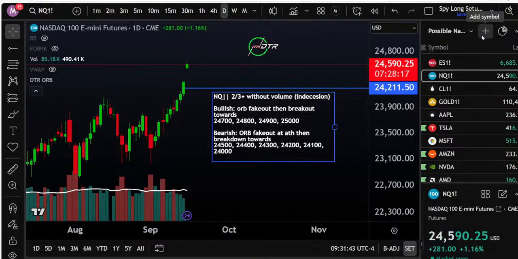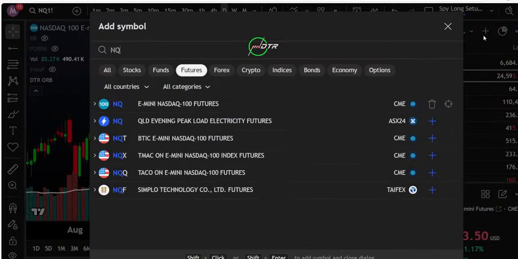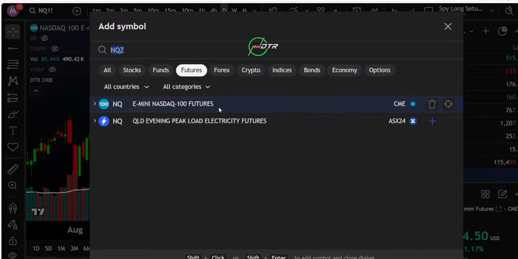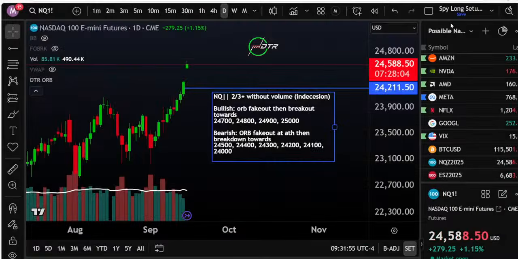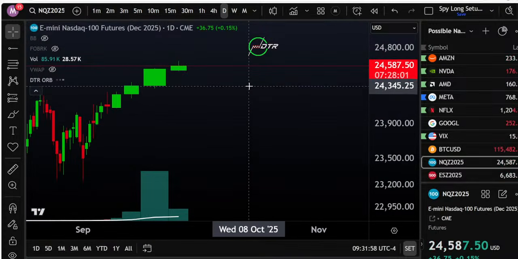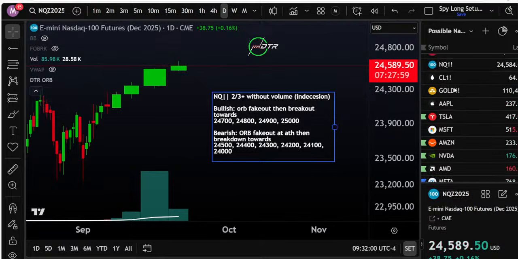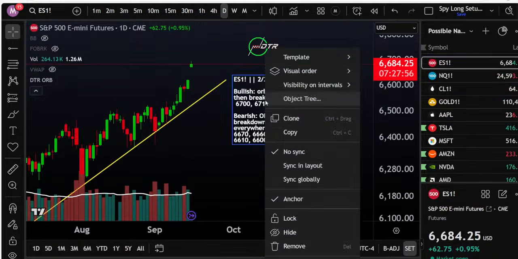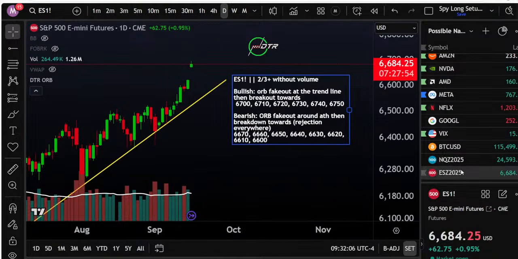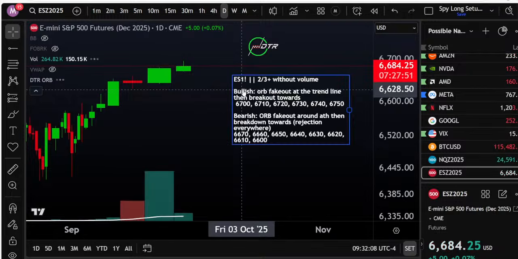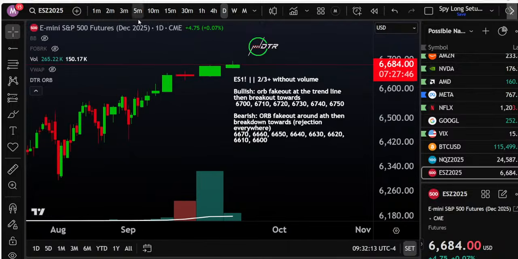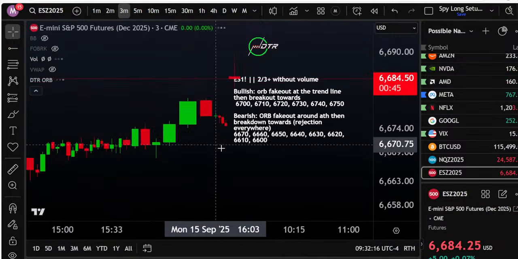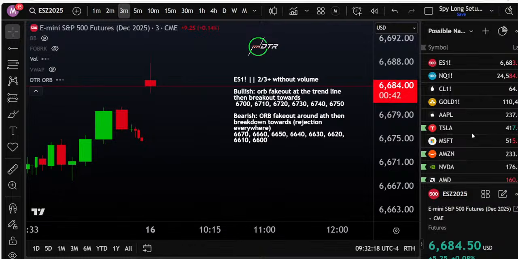Not really a big deal. We'll type in NQZ. It'll only be for 1 day, so please don't panic. The ESZ, and that's it, right? So we'll just keep an eye on these two here today. And let's see how things shake up. And it won't make a difference on our 3-man or 5-man or whatever.